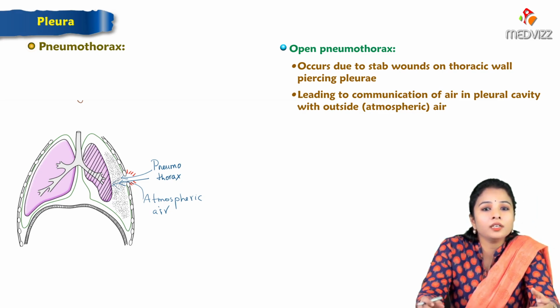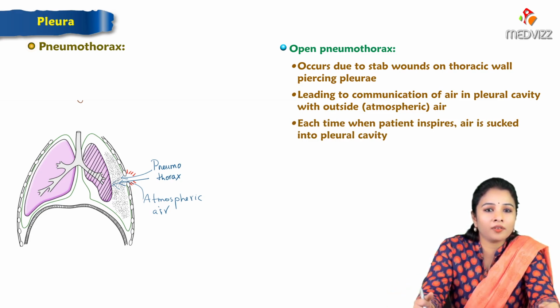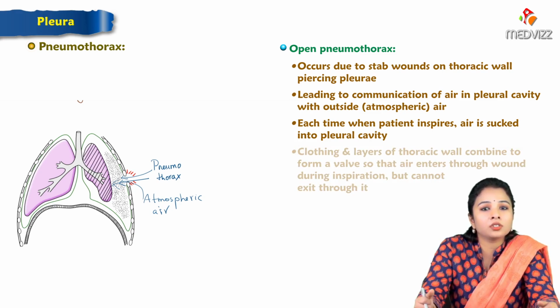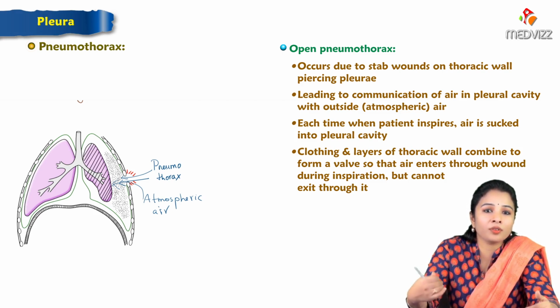Each time the patient inspires, air is sucked into the pleural cavity, and sometimes the clothing and the layers of the thoracic wall combine to form a valve, so that air enters through the wound during inspiration but cannot exit, because these tissues form the valve.